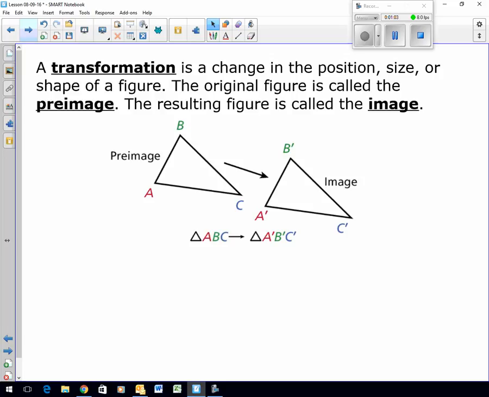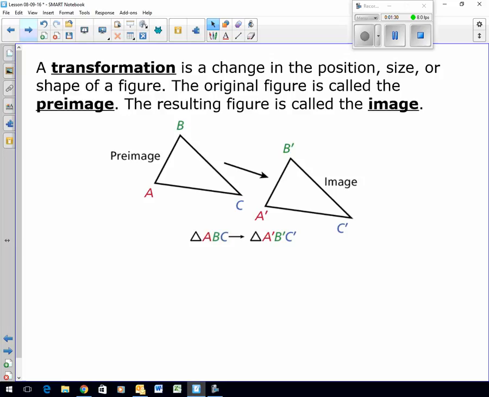The pre-image will always have letters signifying the points. In this example, the pre-image has the points A, B, and C. After the transformation, the image has points that we call A prime, B prime, and C prime.